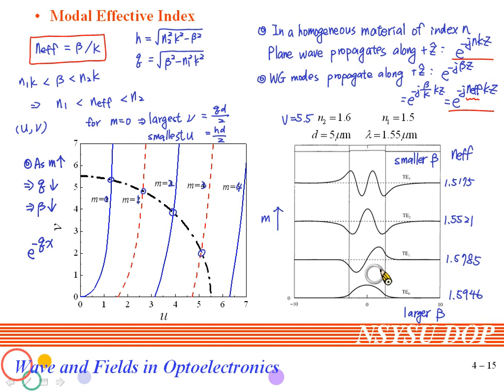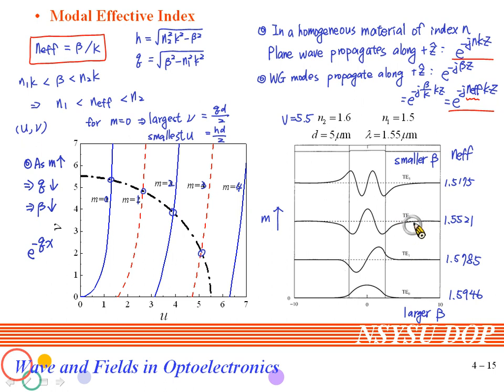So from the mode field plotted here, you can see for the M0 mode, you have only one peak and the field decays rapidly in the cladding region. For the M1 mode, you have two peaks and the field decays a little bit slowly into the cladding region.